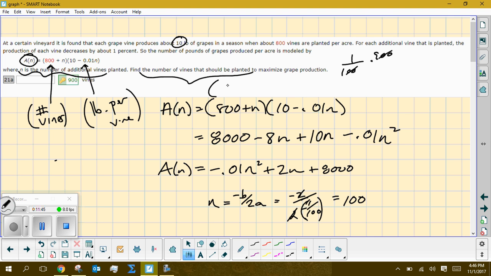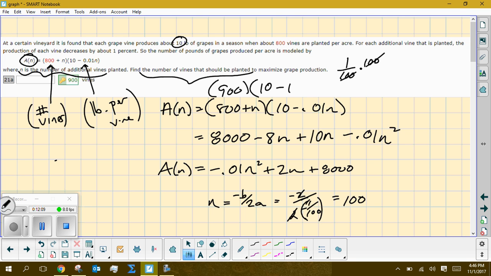If N is 100, so we got 900 vines per acre. Then I get 10 minus, well, 1/100th of 100 is just 1. So 1/100th times 100, those cancel out, it leaves me just 1.